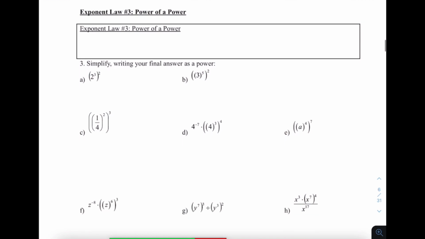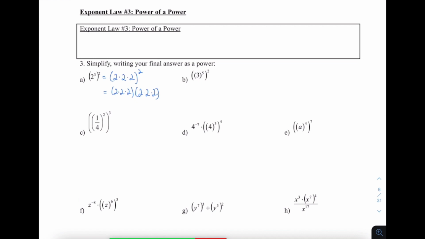exponent law number 3. Now for this one, what we want to recognize is that, so I'll do a, quote, the long way. But basically, using BEDMAS, if we were going to do repeated multiplication, we can see that this is the same as writing 2 times 2 times 2 squared, which would actually be 2 times 2 times 2 times 2 times 2 times 2.